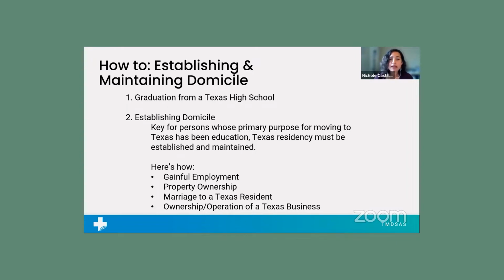That's going to be done through gainful employment, property ownership, marriage to a Texas resident, or ownership and operation of a Texas business. Now, with these four methods, that also requires that there be at least a 12-month record of this, if you will, by the application deadline.